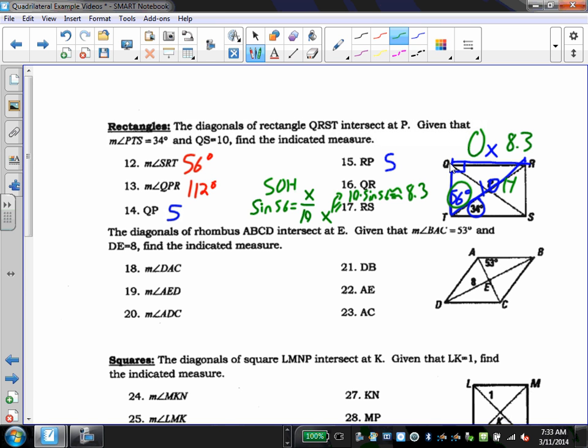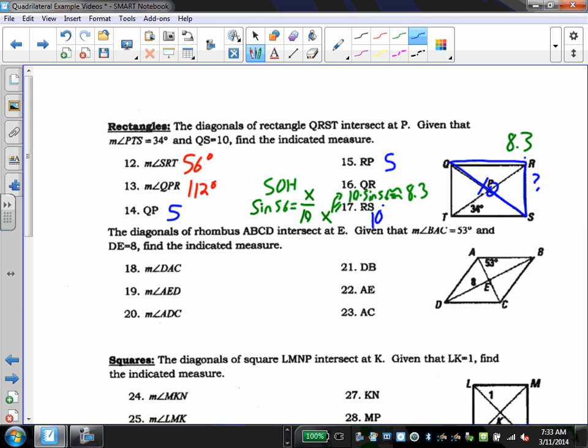Now, to get RS, we could use trig again. We want that side next. So let me erase everything except for the new length that we have. We know it's about 8.3. So we could set up a different right triangle, like this one. If we know that's 8.3, we're looking for this one. We know this is 10. We can use the Pythagorean theorem to find RS.